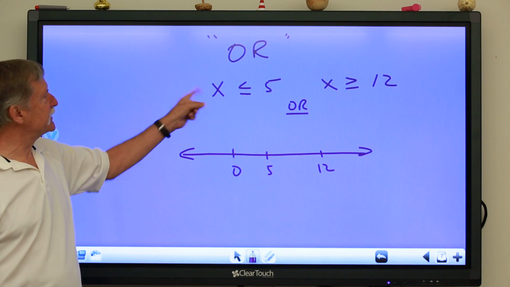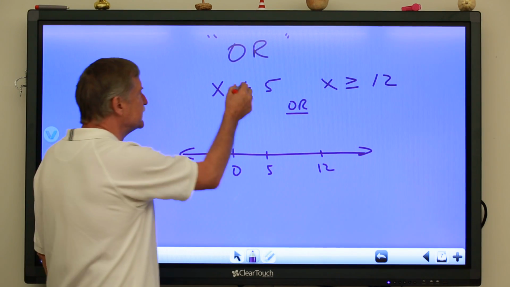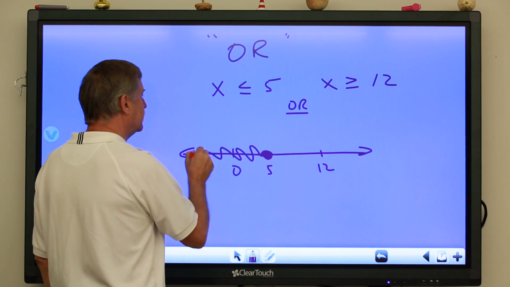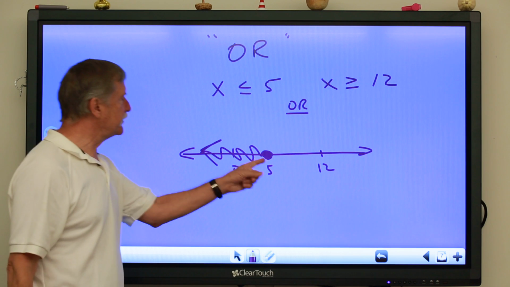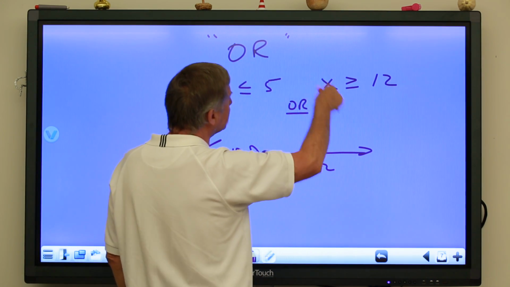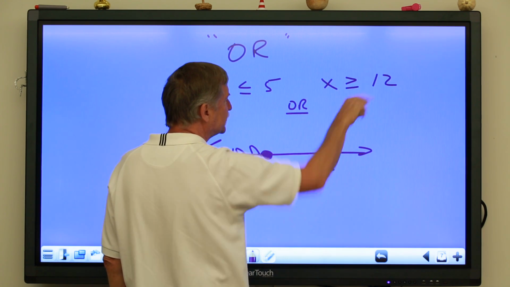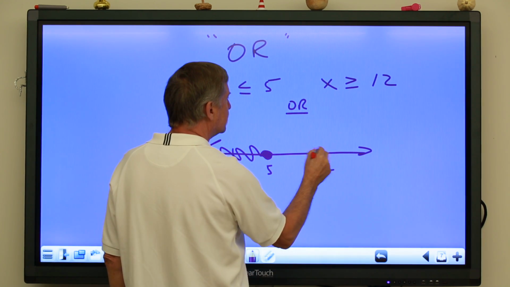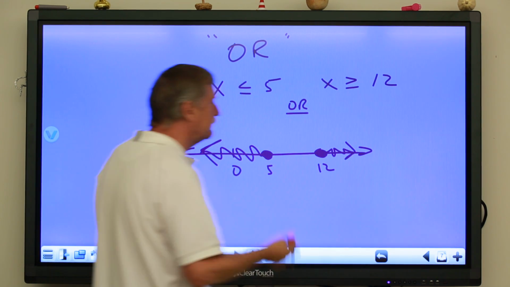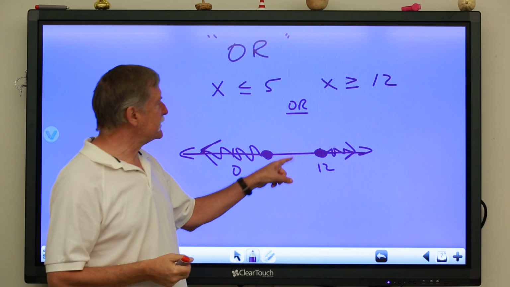All right, starting off. We do x is less than or equal to 5. Since it's less than or equal to, it's a closed circle. And we're going to shade in this direction with a big arrow there to show it goes on forever. And or we're going to add to this number line going this way, greater than or equal to, so once again, closed circle, except now we're going this way. And we see that something like this wouldn't work.